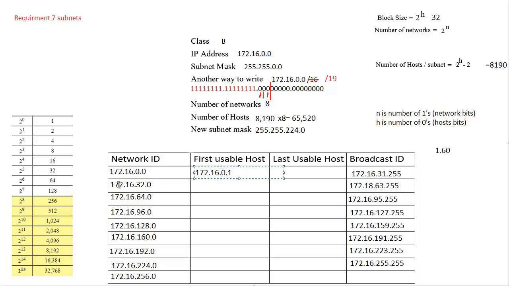So this one is 172.16.32.0, and the next one will be 172.16.32.1. And again, the first usable host is just next to the network ID. So the network ID is 172.16.64.0, so the first usable host will be 172.16.64.1, and the rest of them will be counted the same way.